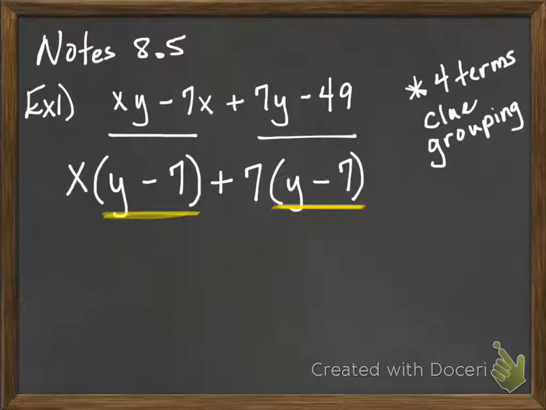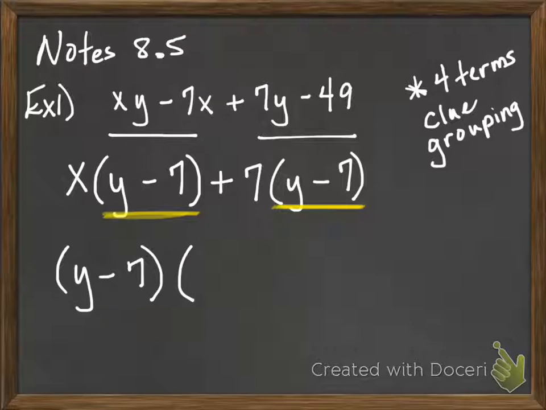It's a greatest common factor because it's X times Y minus 7 and it's 7 times Y minus 7. So in your last step, you're going to factor out Y minus 7. You're going to factor out the parentheses because the parentheses are going to be the same. And you're going to get Y minus 7 times what is X times Y minus 7.